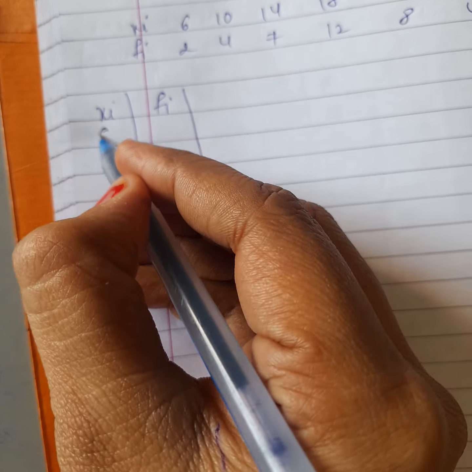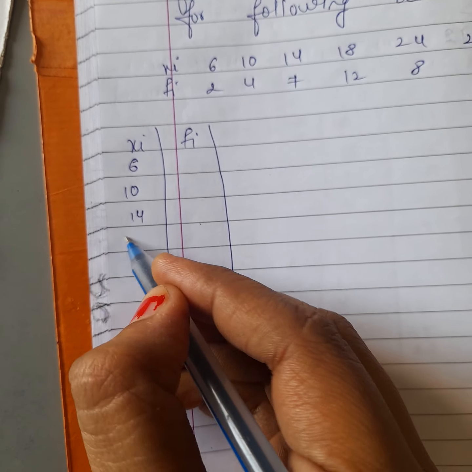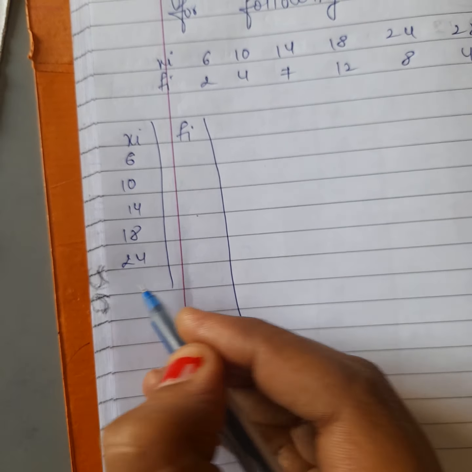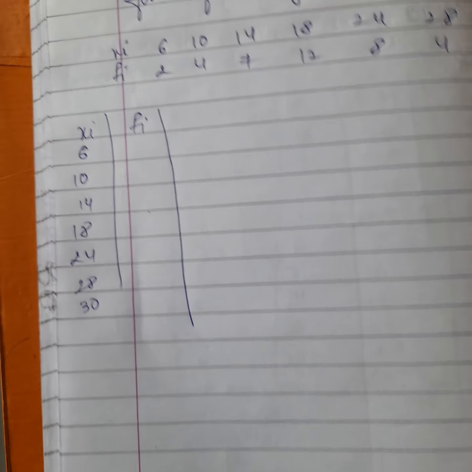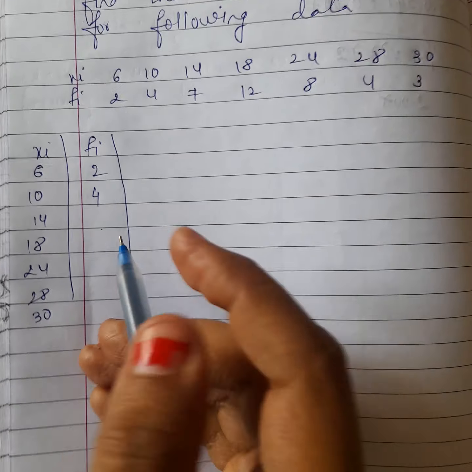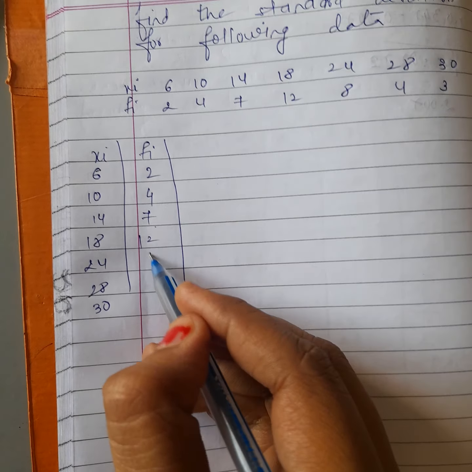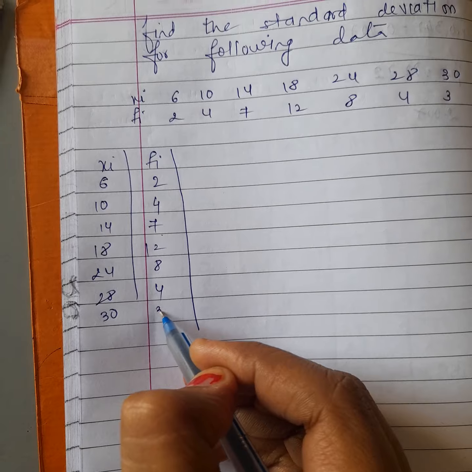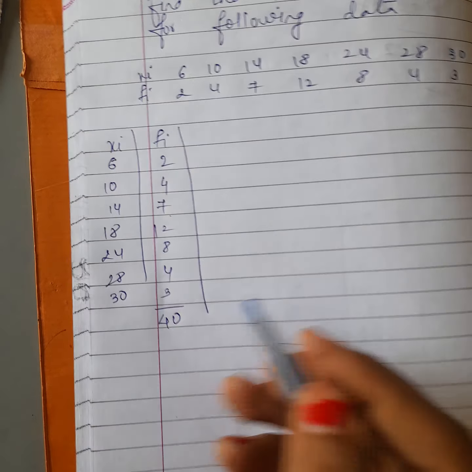So here we'll write 6, 10, 14, 18, 24, 28, 30. Fi is 2, 4, 7, 12, 8, 4, 3. Addition of this is 40.